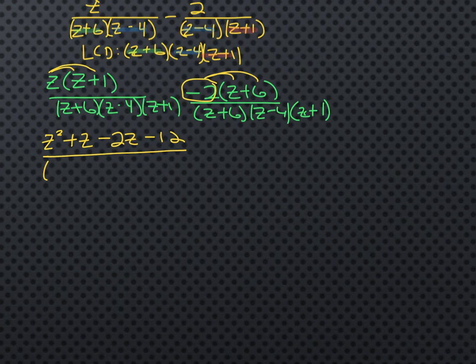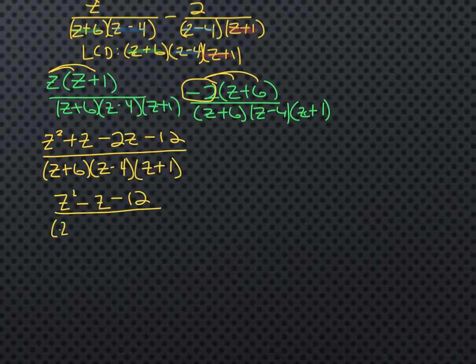And our denominator remains the same, z plus 6, z minus 4, z plus 1. And we combine like terms in the numerator, z squared minus z minus 12 over our denominator.